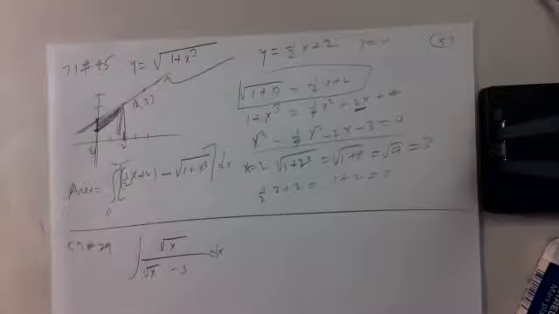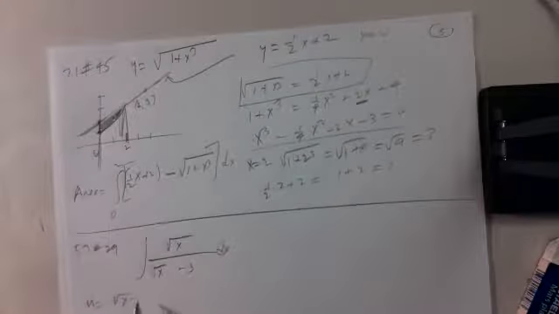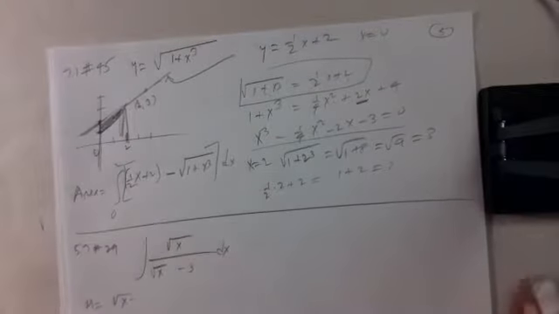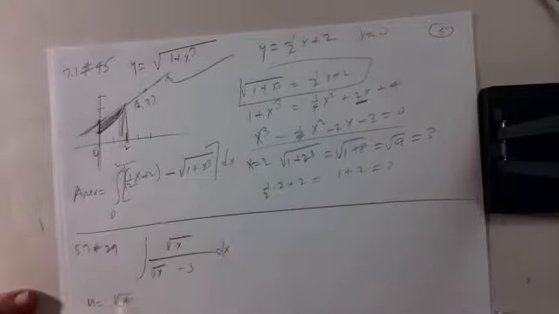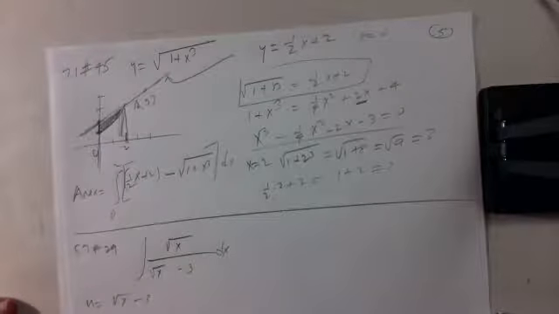Yes. Okay. And again, the first thing to do is to pay attention to the hint. The hint says that you make the substitution u equal to the denominator. So the denominator is the square root of x minus 3. So du dx is equal to 1 over 2 times the square root of x.